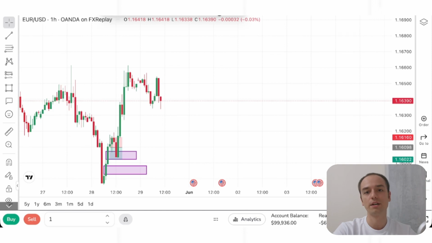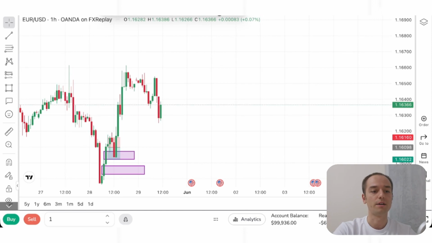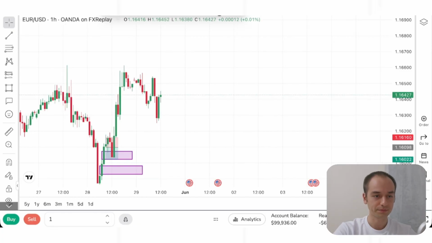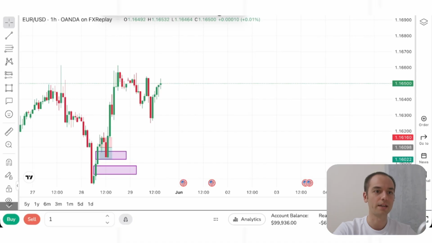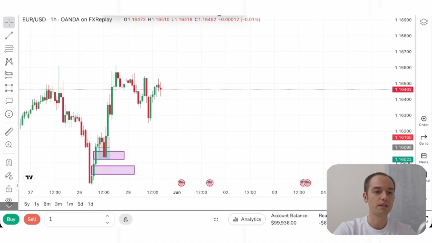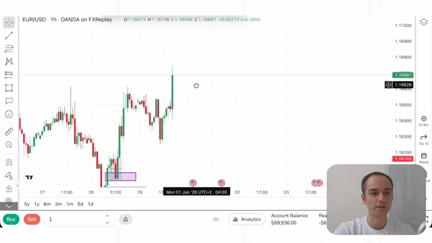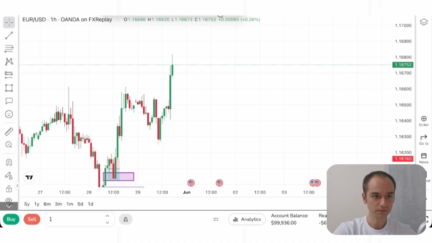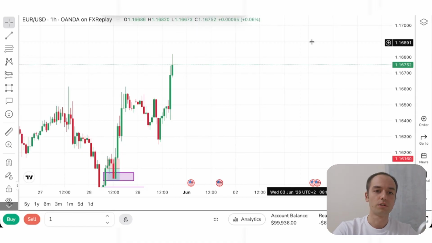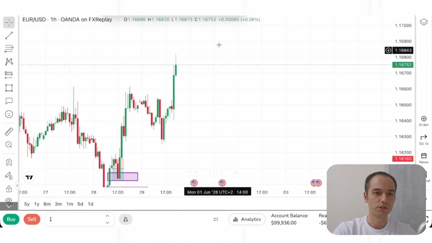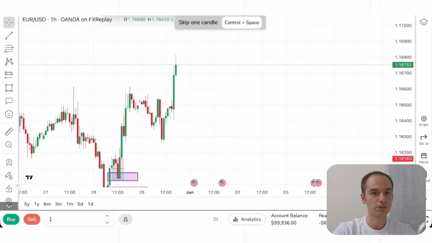And the big players, the market makers, they see these cases, and they're obviously trying to grab this liquidity. That's why imbalances are very typically covered partially or fully. But again, don't put your hopes on this strategy. Don't make this the base of your strategy.